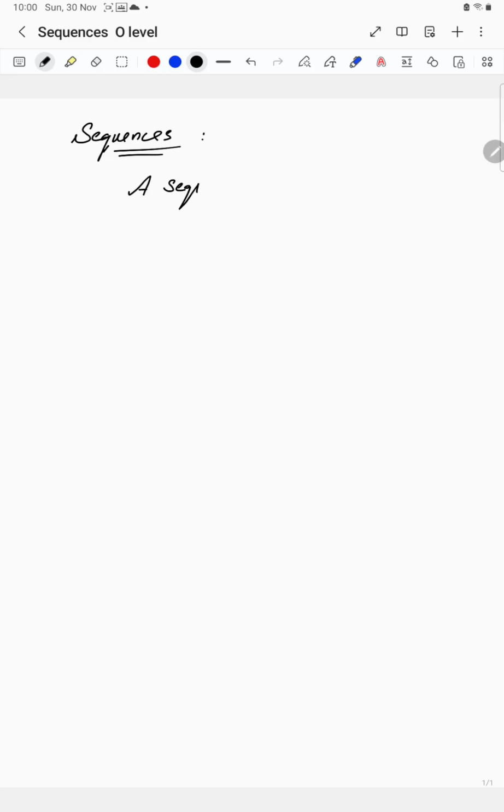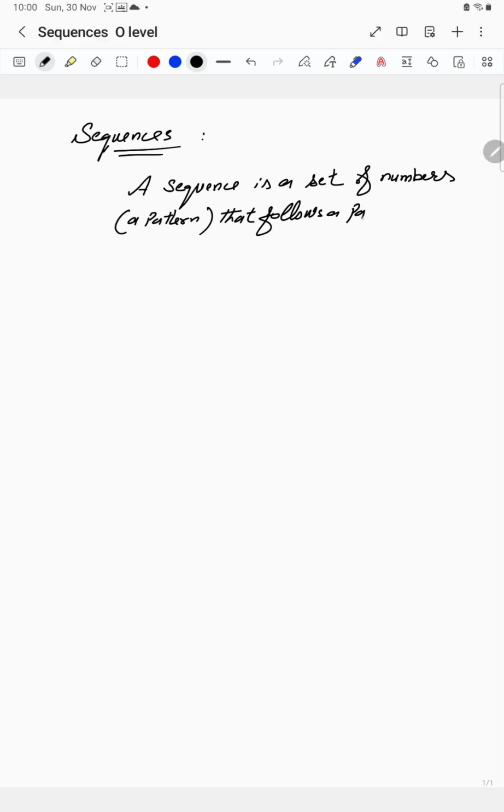A sequence is basically a set of numbers, or you can say a pattern of numbers, that follows a particular order, right?